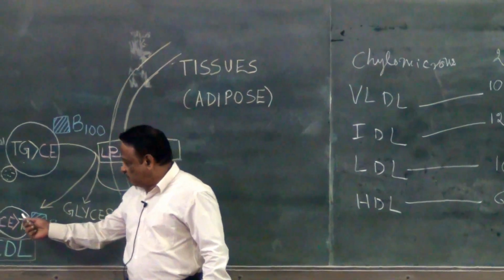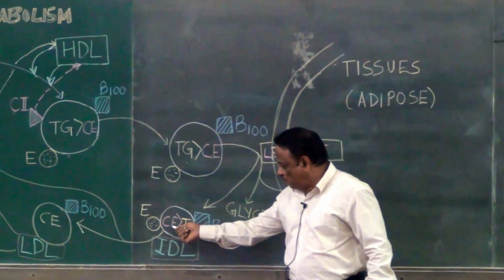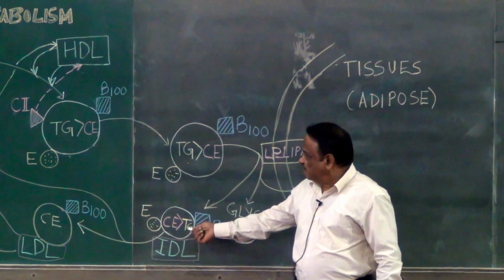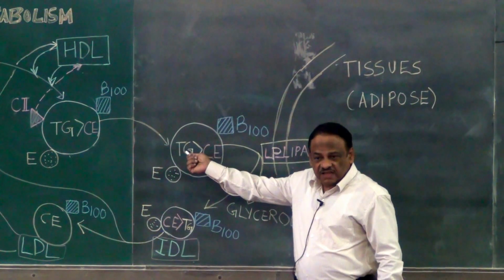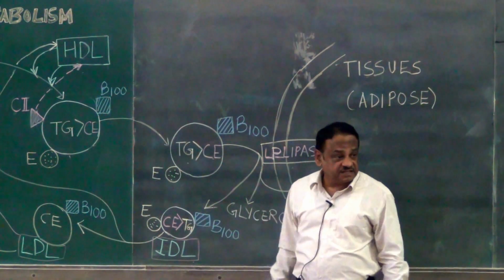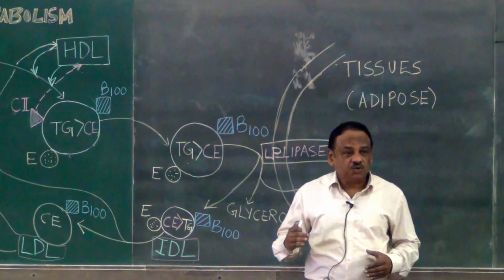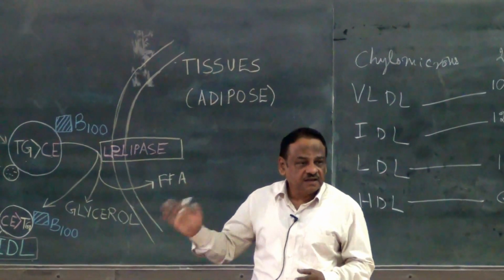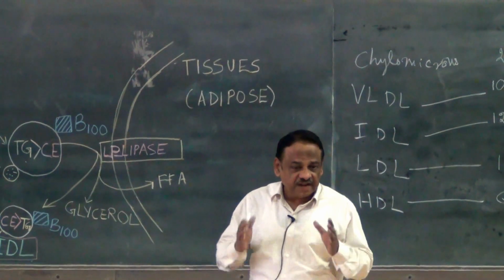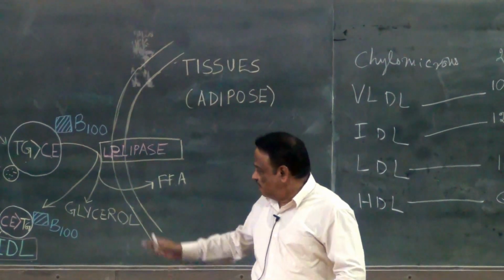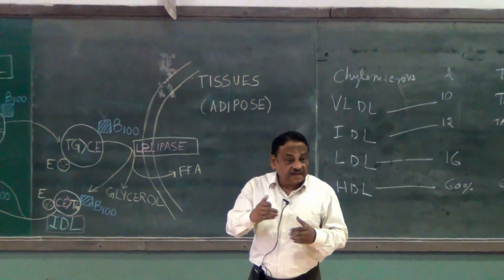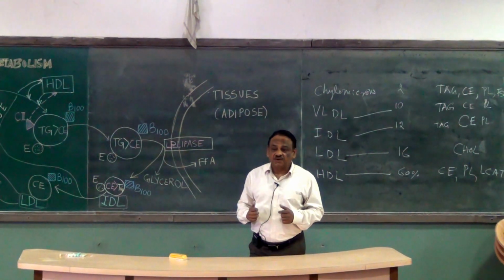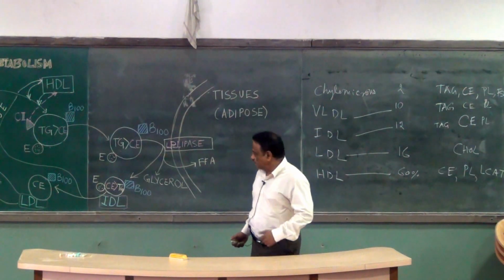Now here you can see that the content of cholesterol is more than that of TG. Here TG was more, here cholesterol esters are more. Because of a sequential breakdown of the triglycerides present in VLDL, the triglyceride content relatively reduces and a relative increase of cholesterol ester takes place.